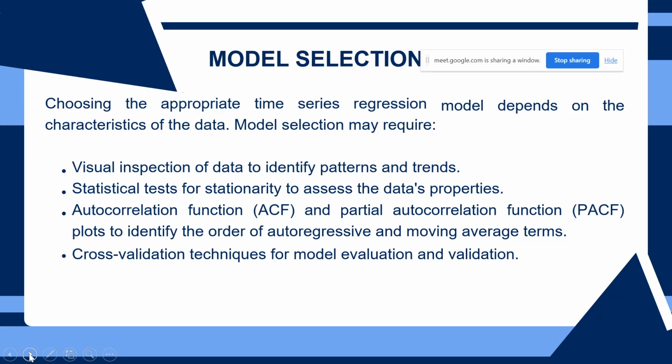Visual inspection of data is a crucial step in time series analysis, as it allows us to identify patterns and trends that can inform subsequent modeling steps. This process involves plotting the data over time, examining the shape of the series, and looking for any irregularities and anomalies.